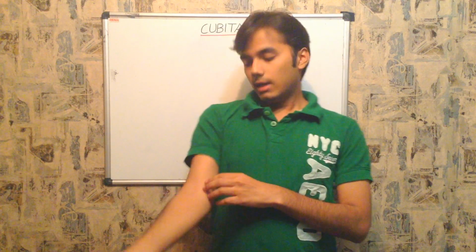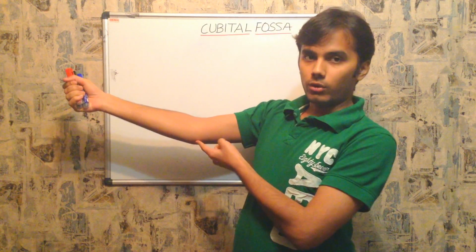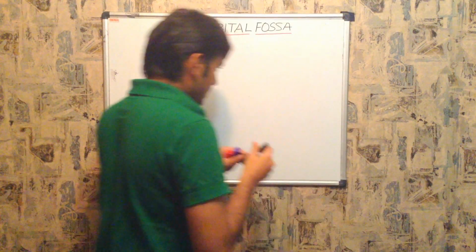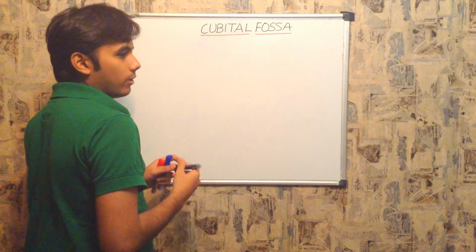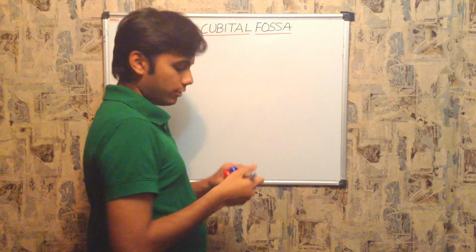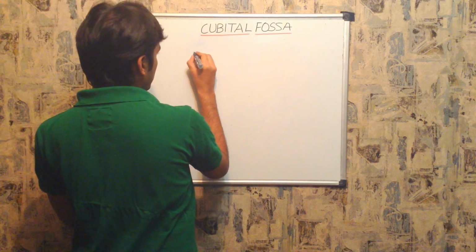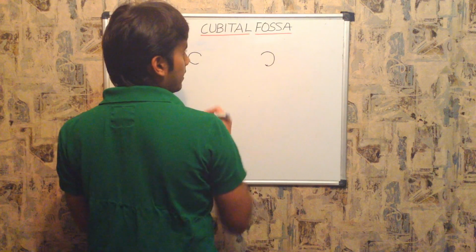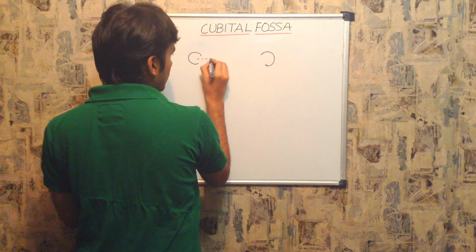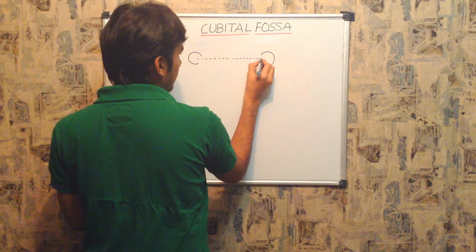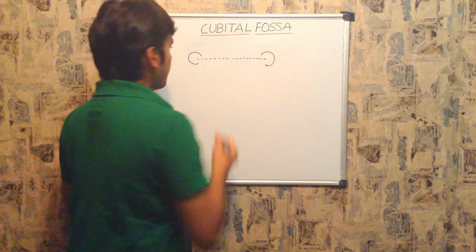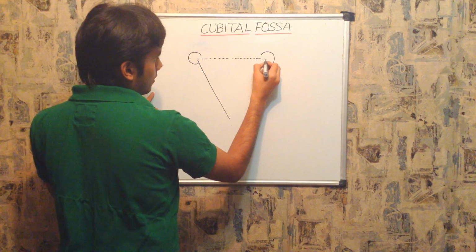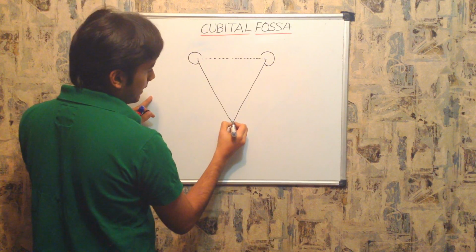Before going to the borders, I just want to tell you that this is the medial epicondyle, which you can palpate here, and this is the lateral epicondyle. The imaginary line formed between the medial and the lateral epicondyle forms the base of the cubital fossa. And next, the cubital fossa has a lateral border and a medial border.